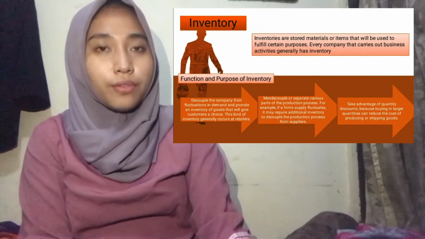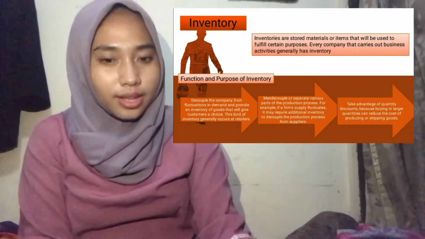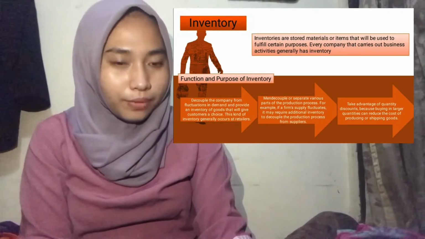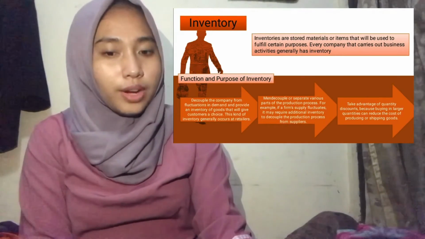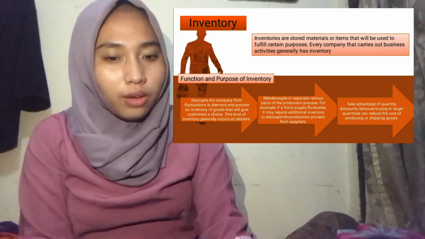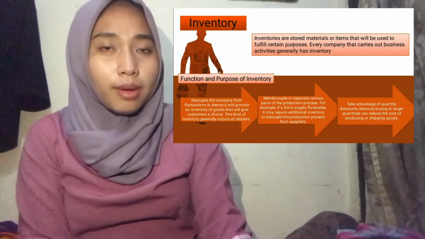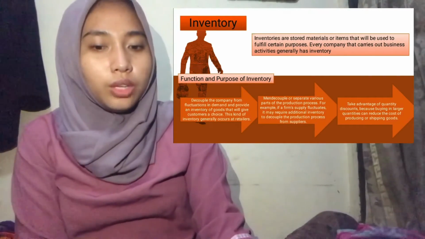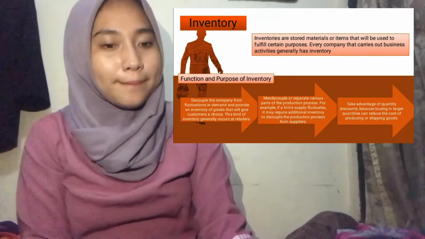This kind of inventory generally occurs at retail. Spare parts for various parts of the production process. For example, if a firm's supply fluctuates, it may require additional inventory to decouple the production process from supplies.